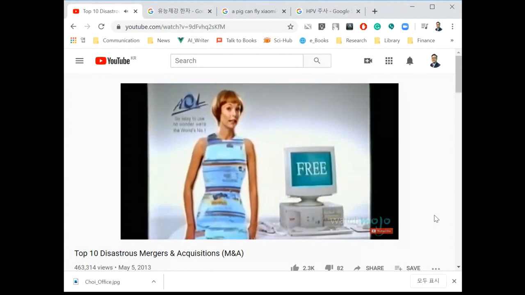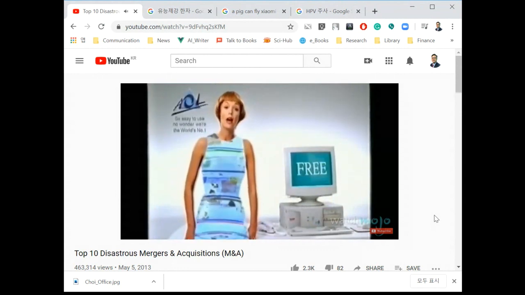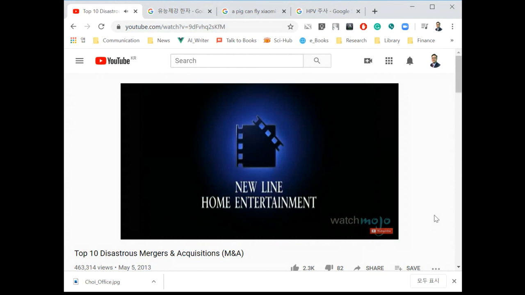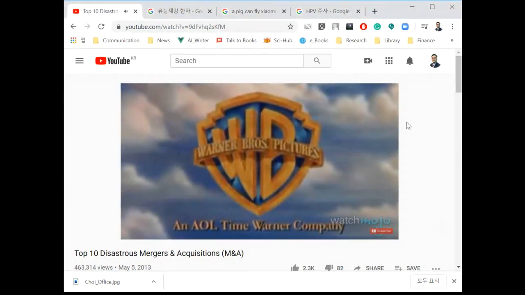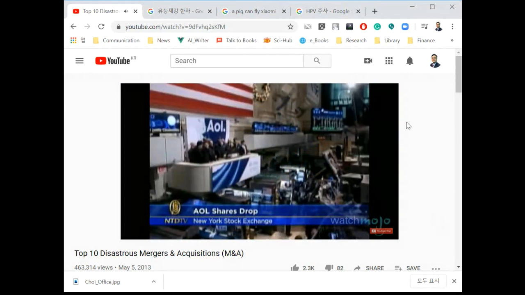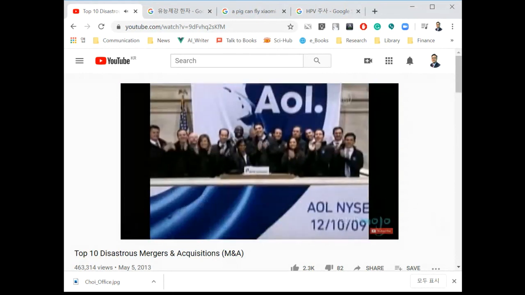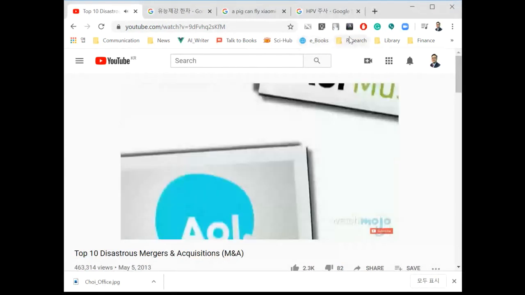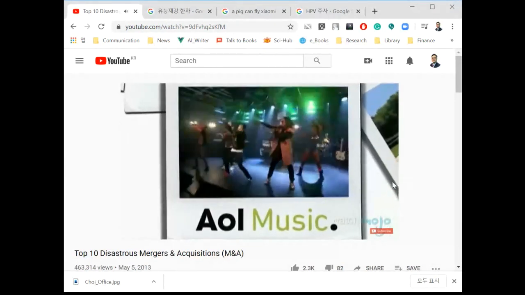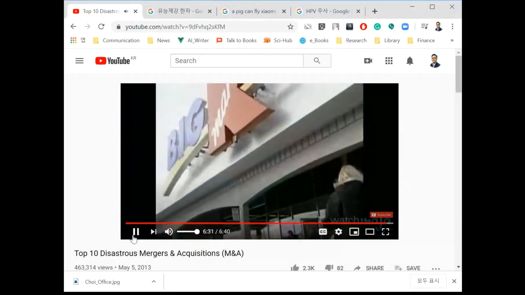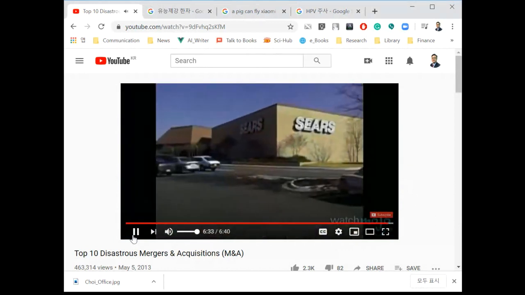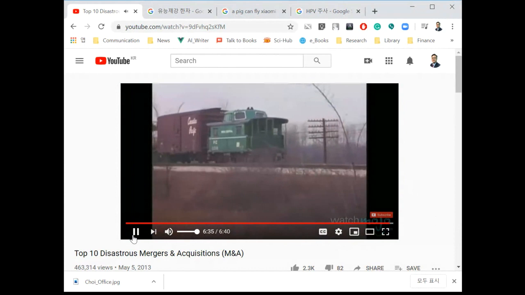Add AOL's reliance on dial-up internet in an increasingly high-speed industry, and AOL Time Warner was reporting a $99 billion loss in 2002. A rapidly declining stock price and millions in lost jobs and subscribers forced Time Warner to spin AOL off into an independent company 7 years later. Do you agree with our list? Which do you think was the most disastrous merger ever? Be sure to subscribe to WatchMojo.com for more entertaining top 10s.